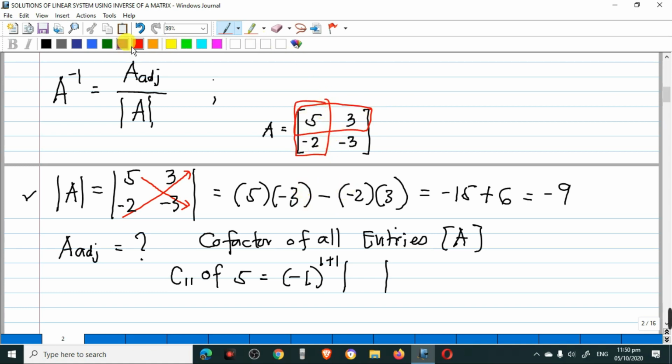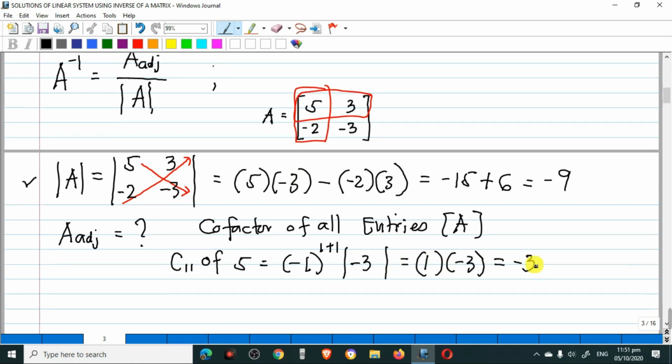So this is equals to anong matitira? That is negative 3. Then proceed sa simplification. 1 plus 1 is 2. And that is negative 1 squared, so positive 1. Then multiply this by negative 3. Therefore, the cofactor of 5 is equals to negative 3.